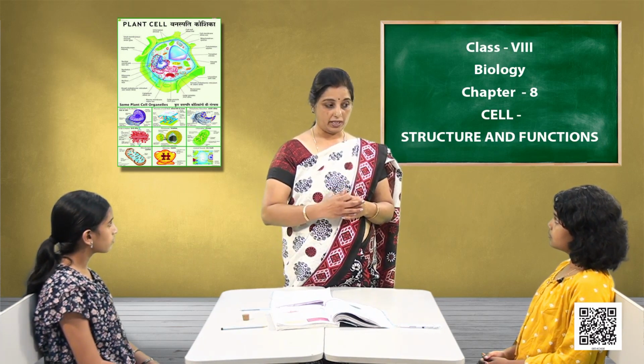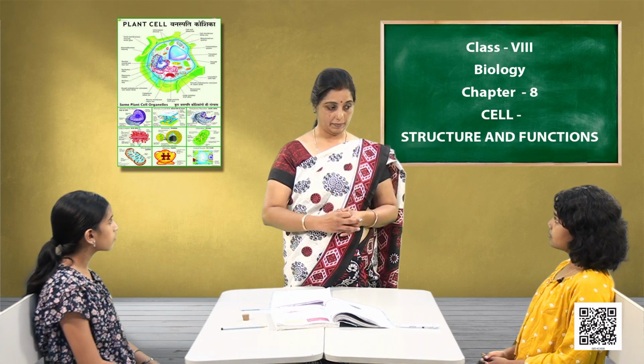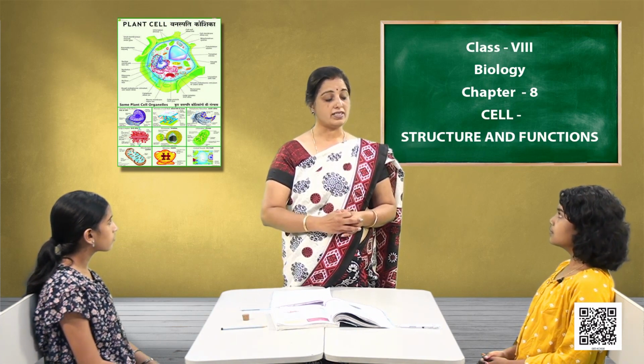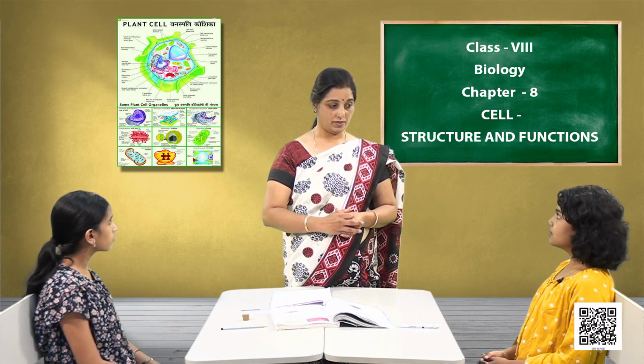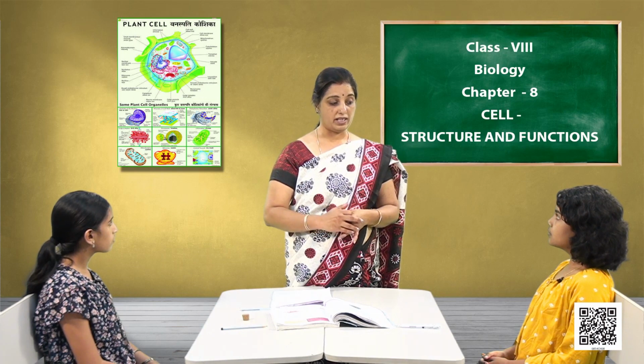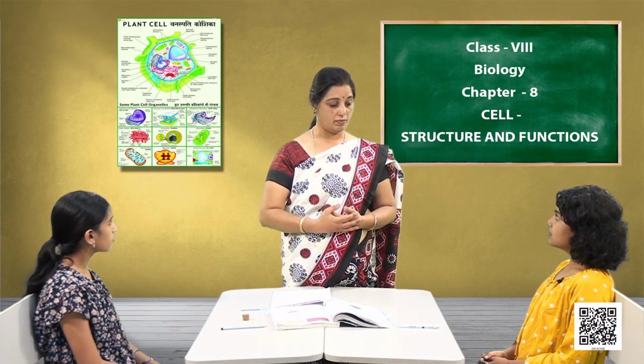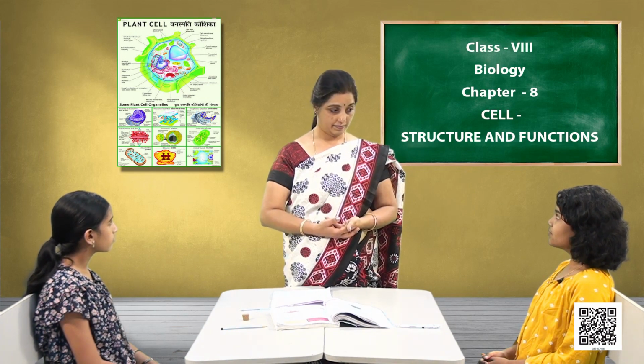Any individual organism actually starts from a single cell. The very first cell is a zygote, which is a single cell. The zygote will further divide and multiply in number, and that is how we grow and become many celled.